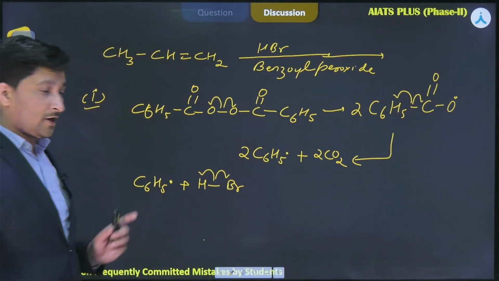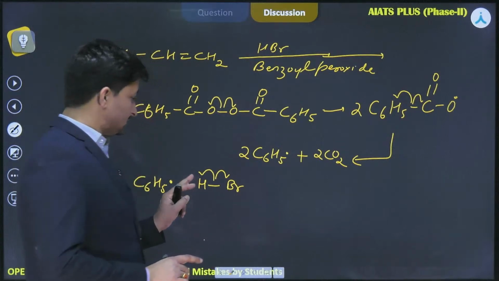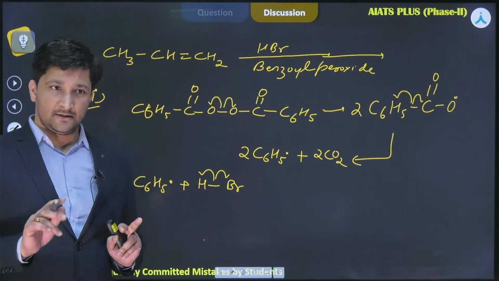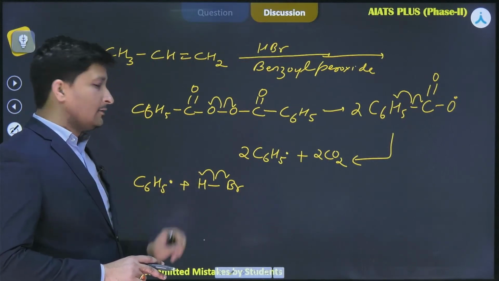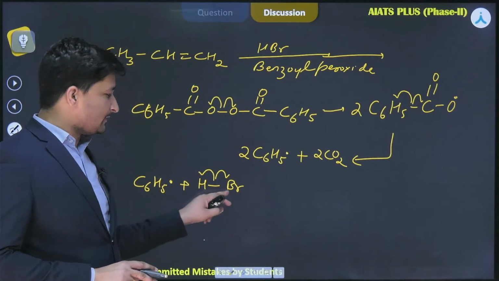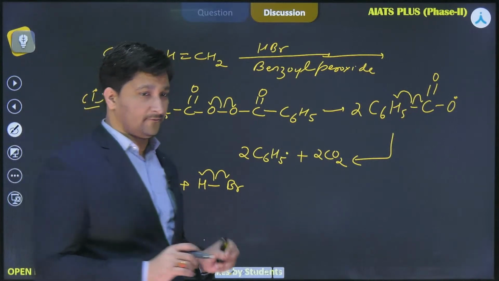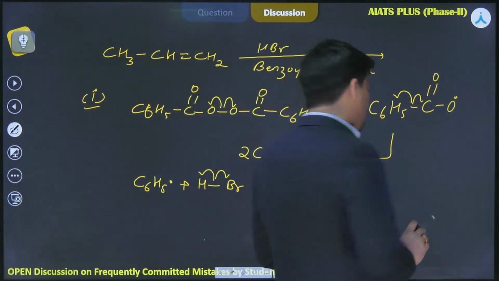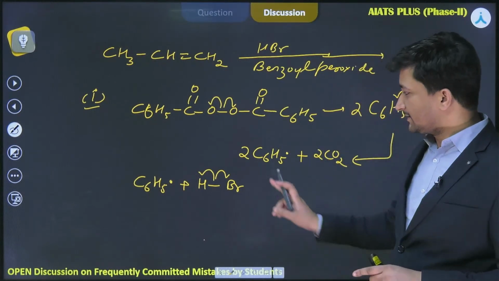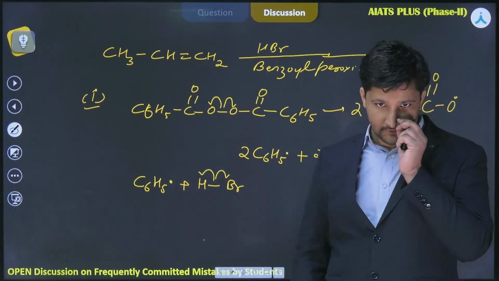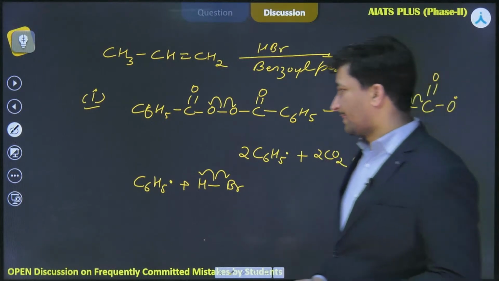Now what will happen after this homolytic cleavage? Again, you have to understand here, there are 2 possibilities. This hydrogen free radical will be produced and this Br free radical will be produced. 2 different free radicals are there. And out of these 2 free radicals, it has been observed that always this hydrogen free radical will form a bond with benzene.